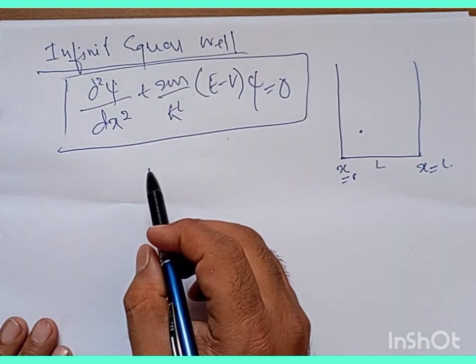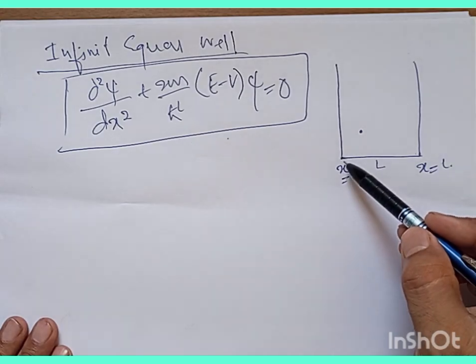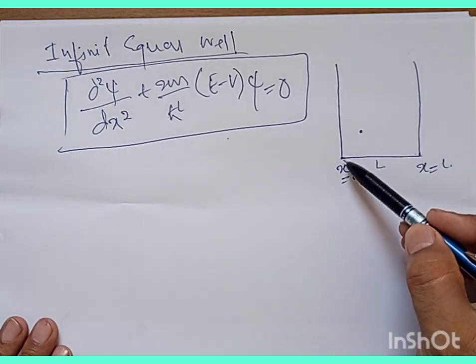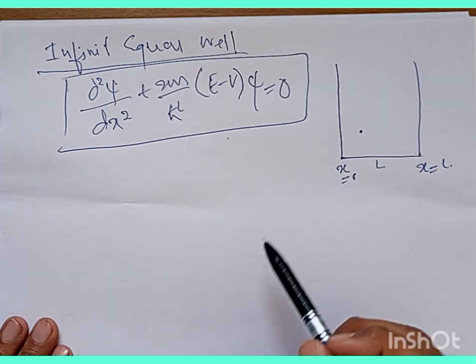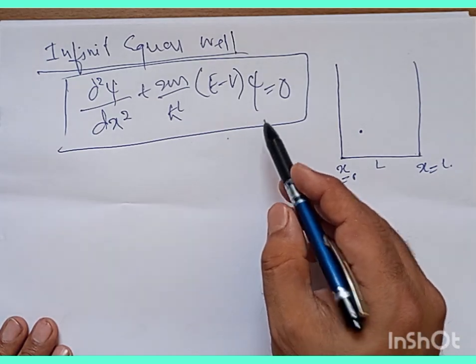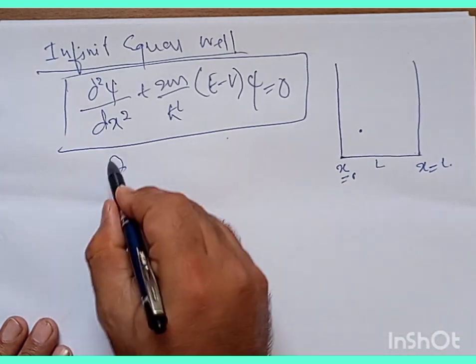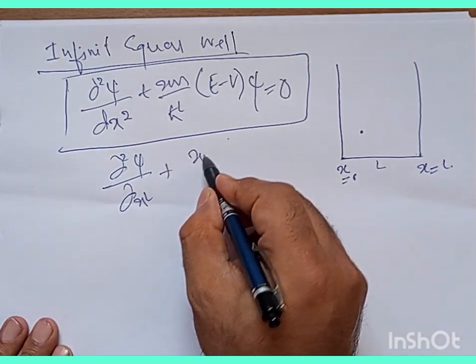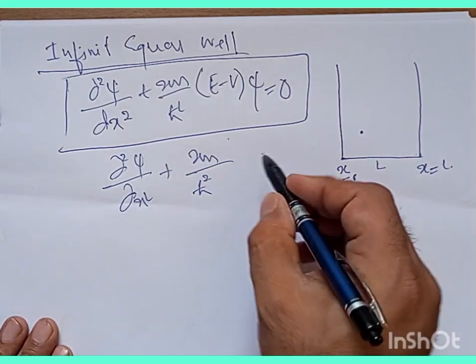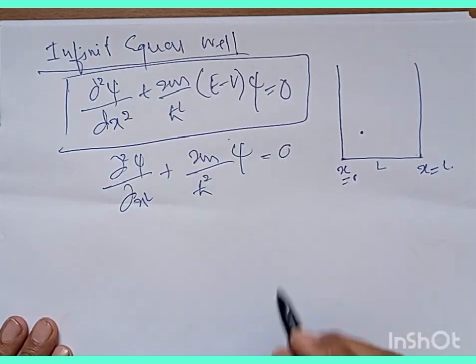Now the potential inside this box for this particle is constant. It can be taken equal to 0, and we'll be left with d²ψ/dx² plus 2mE/ħ² ψ equals 0.